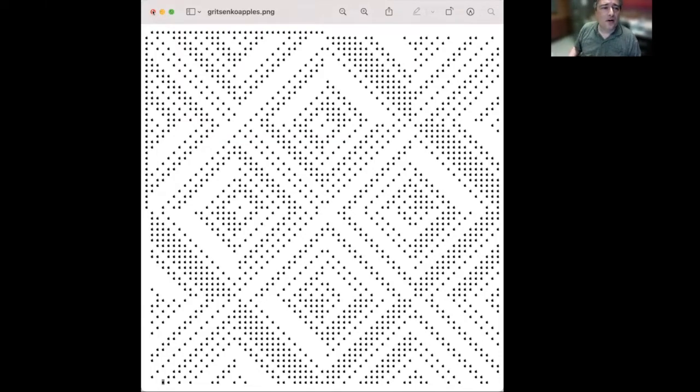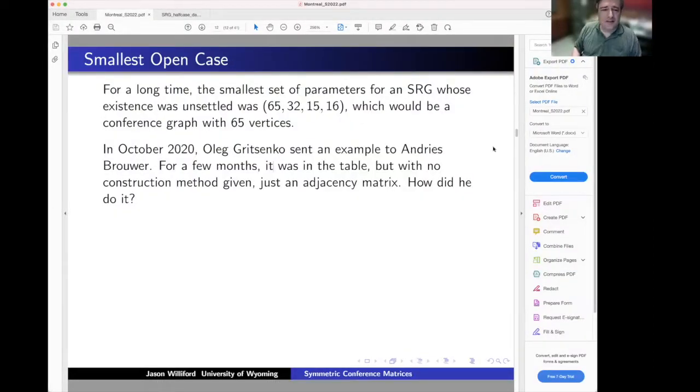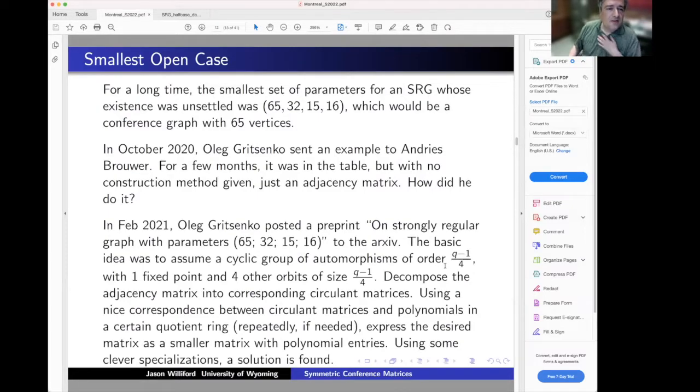So for a few months, I had no idea how this was done. It was not actually until February, I think, from October to February, that he actually posted a paper talking about how he did it. And he did it by looking for ways to knit together circulant matrices and then using some clever specializations.